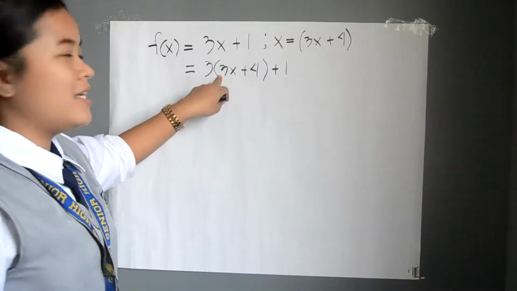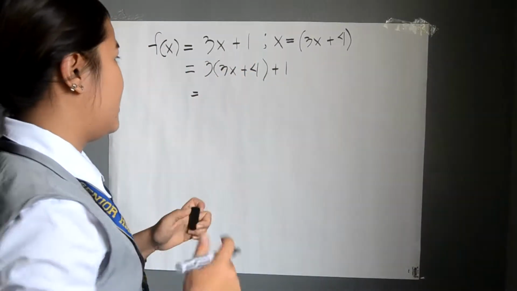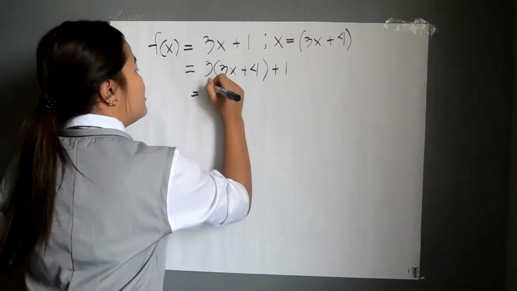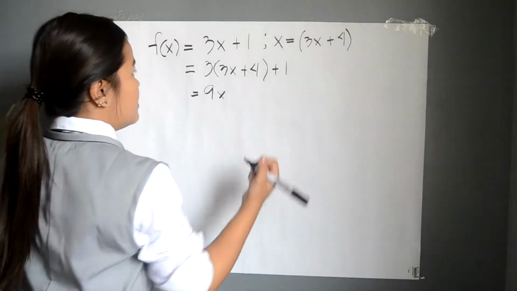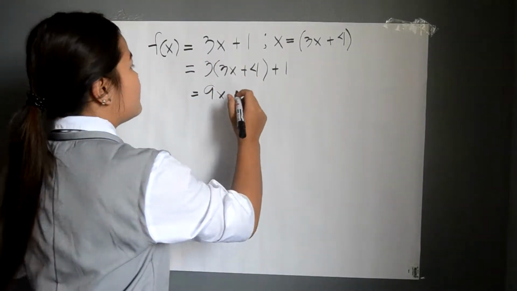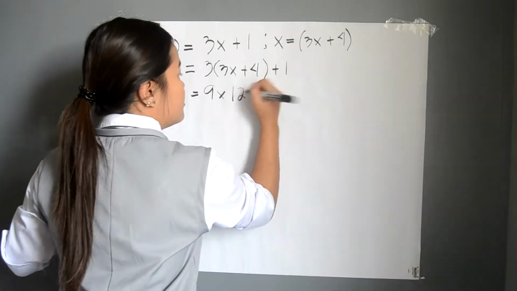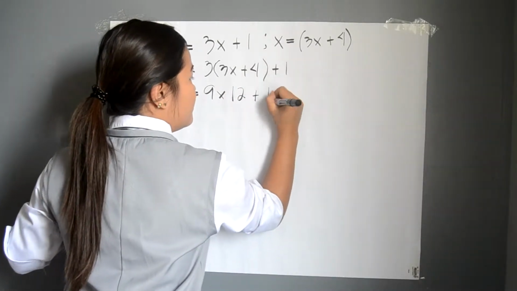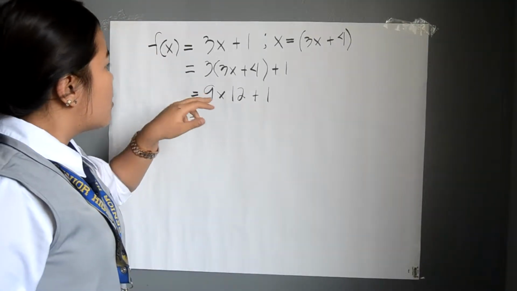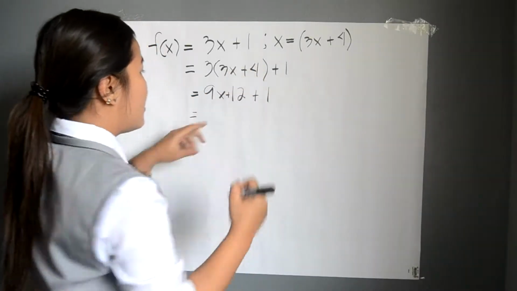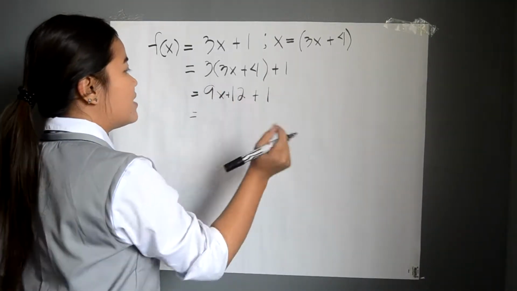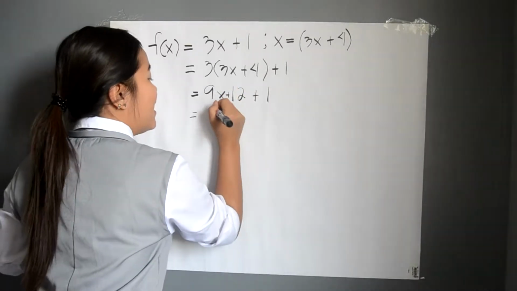All we need to do is use the distributive property. So, 3 times 3x is equal to 9x. 3 times 4 is 12, plus 1. We have a pair: positive 12 plus 1 is equal to 13, copy the 9x.